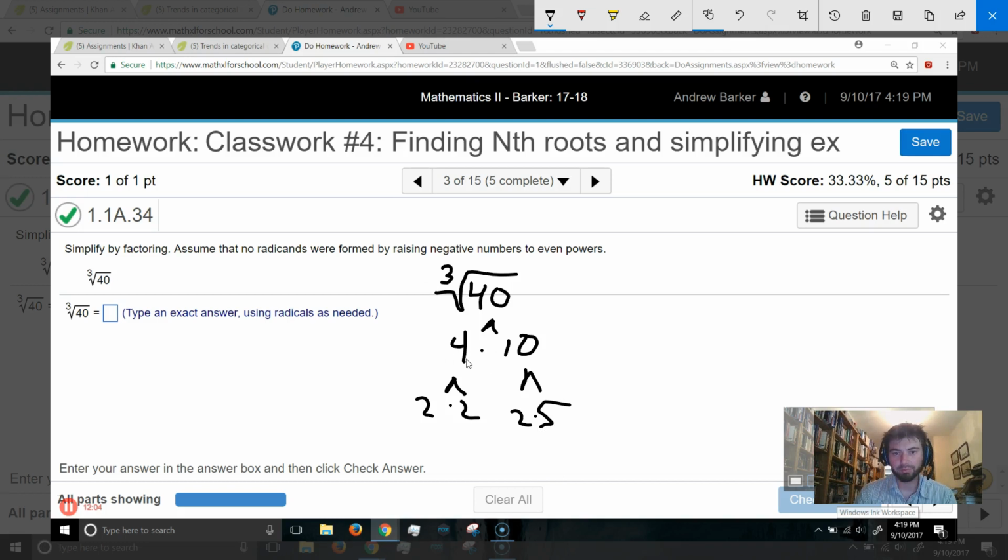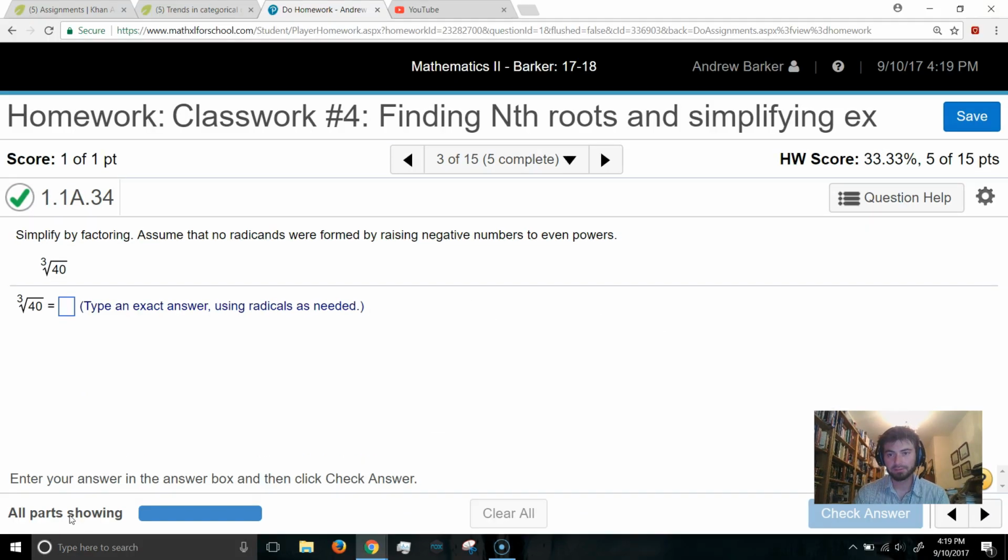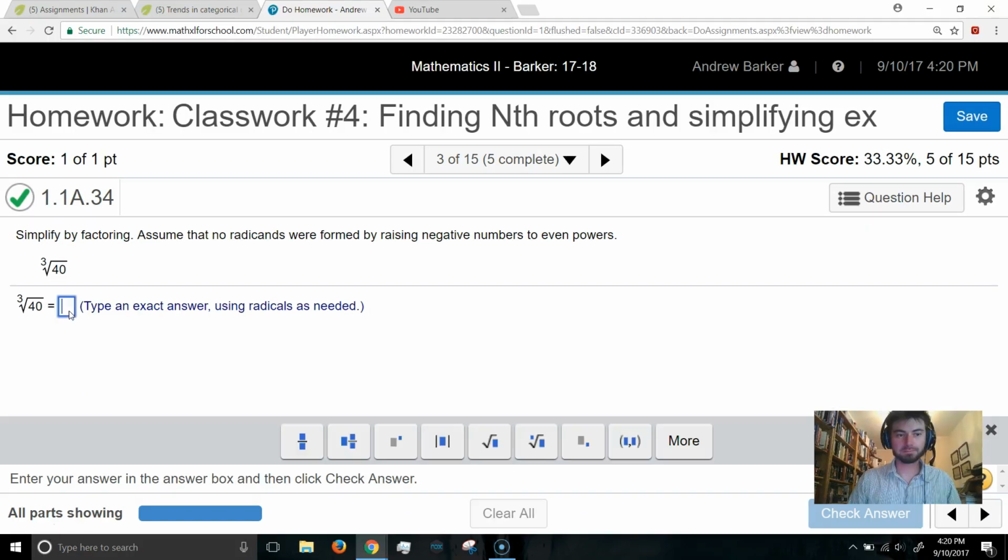So because it's a cube root, we're looking for groups of 3. There are 3 2's here. So those will evenly cube root to just a 2. And then the 5 stays behind as a cube root. So this will be our answer. So 2 cube root 5.